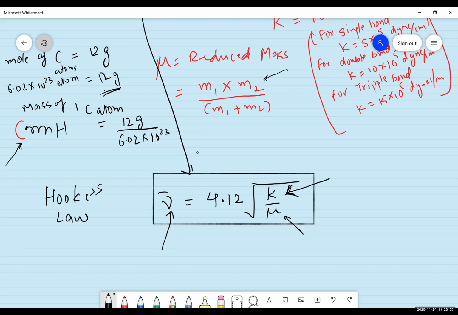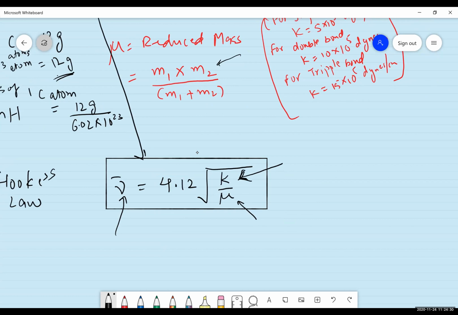A higher mass value or reduced mass value means the wave number, or where the IR signal is going to show up, will be higher or lower? Lower. So it is inversely related. So the wave number of any bond is inversely proportional to the mass or reduced mass, and directly proportional to kappa, the strength of the bond.